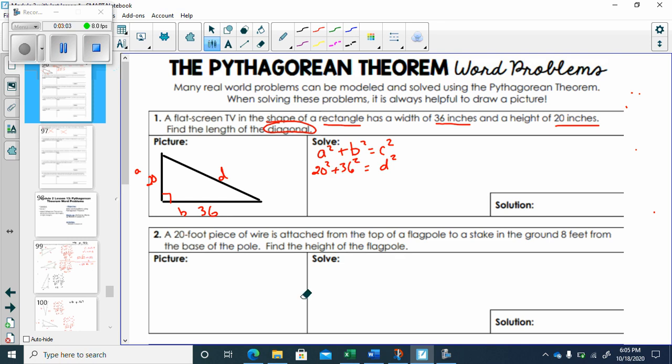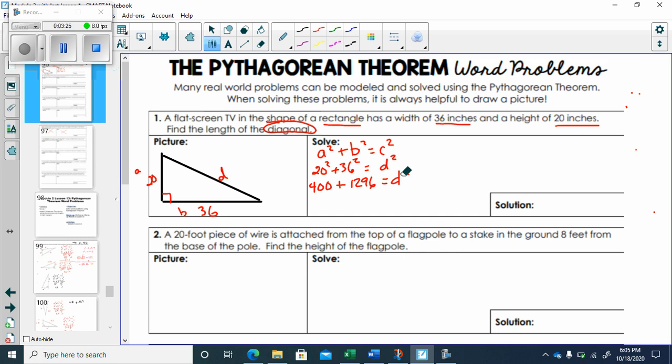Okay, using our calculator, 20 squared gives me 400. I'm going to substitute 400 in the place of 20 squared. 36 squared gives me 1,296. I'm going to substitute that in the place of 36 squared.